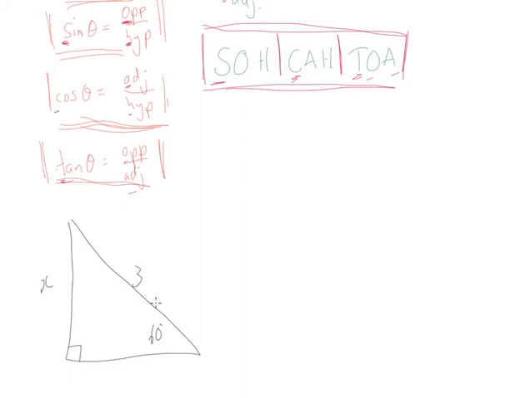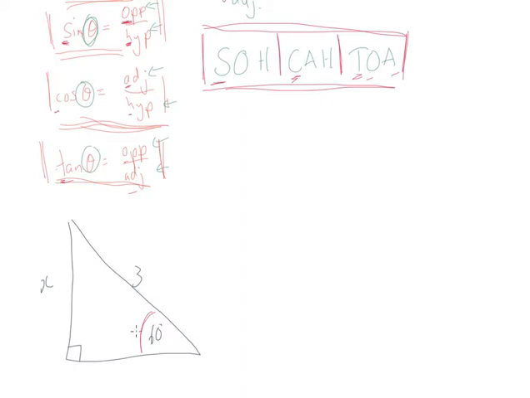I've got an angle and 2 sides. Every single trig ratio, sine, cos, tan, is connecting an angle and 2 sides. So when I get a question with an angle and 2 sides, I'm using trig. If I had 3 sides, Pythagoras, but I haven't got 3 sides here. I've got 2 sides and an angle, so it's going to be a trig question.